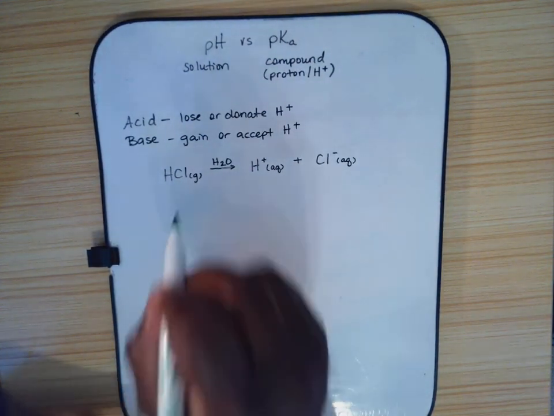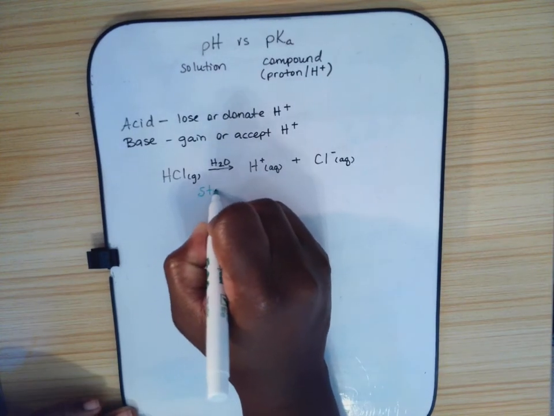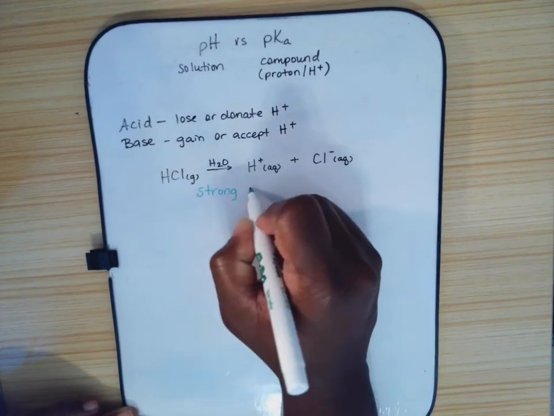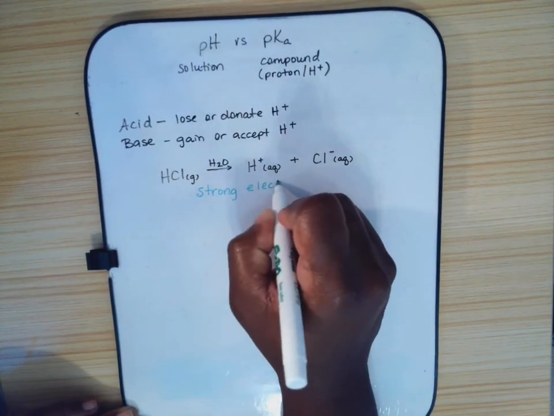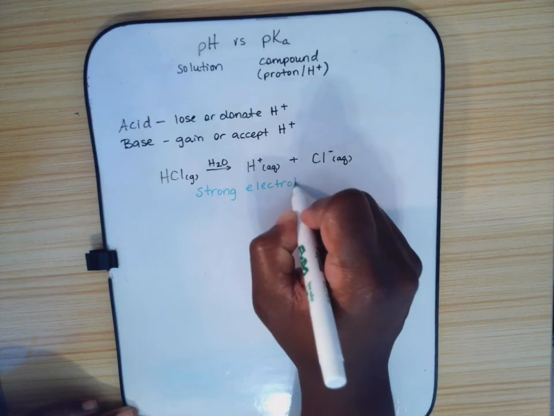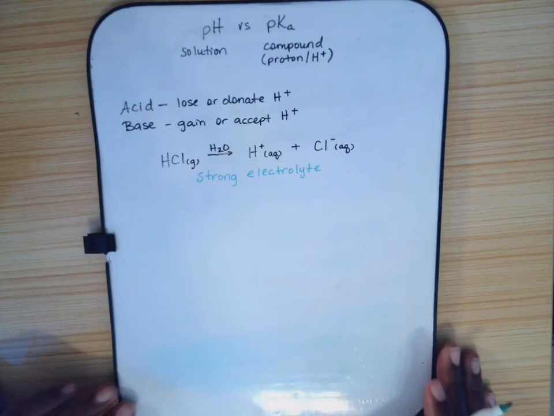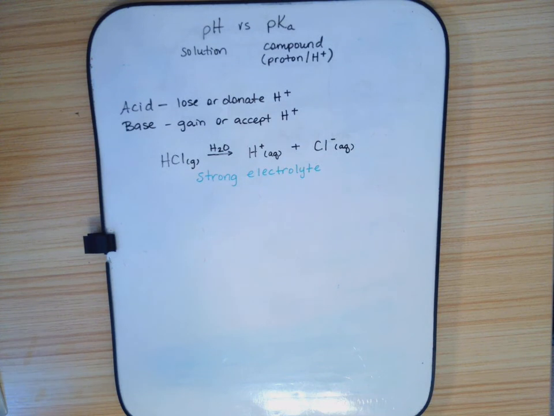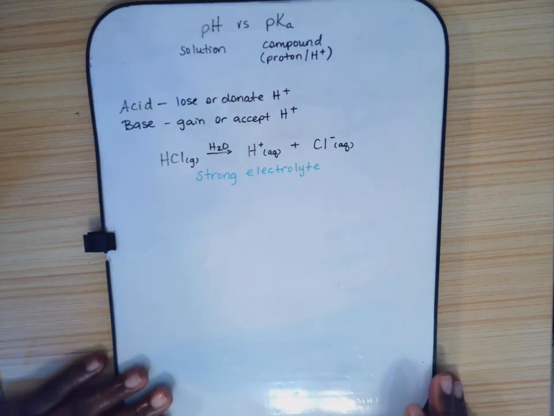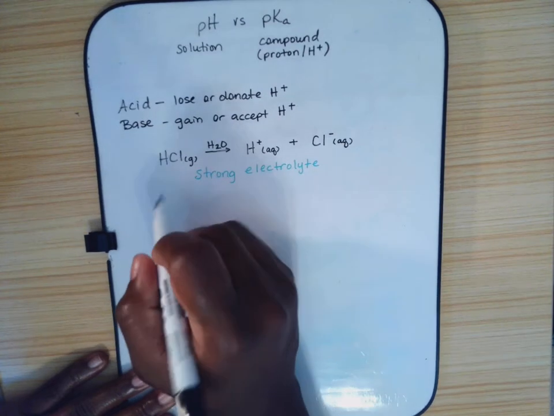This represents what we call a strong electrolyte. Strong acids, strong bases, and even ionic compounds that are soluble in water are strong electrolytes. But of course, not every acid or base is going to represent a strong acid or strong base.